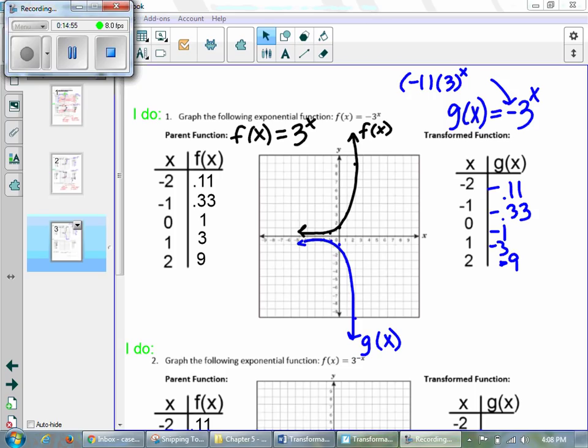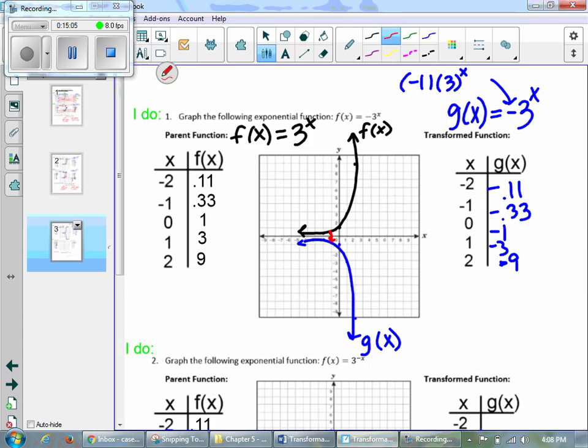Look at the f of x compared to the g of x. What happened from the original parent to the new graph? Whoa! I notice these points are symmetric. These points are symmetric. And those points are symmetric. Look at that. It looks like those points jumped over the x-axis. Oh, I should investigate more.